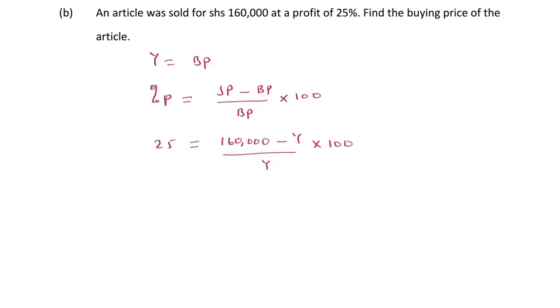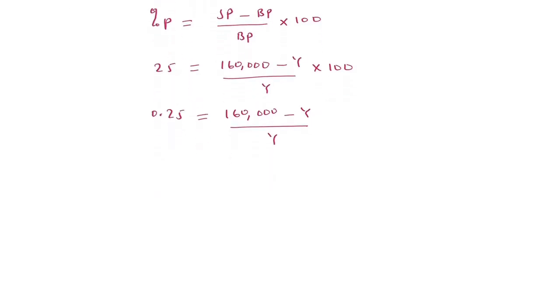Then our equation is 0.25 equals 160,000 minus y over y. Now let us multiply by y both sides. Then our equation is 0.25y equals 160,000 minus y.